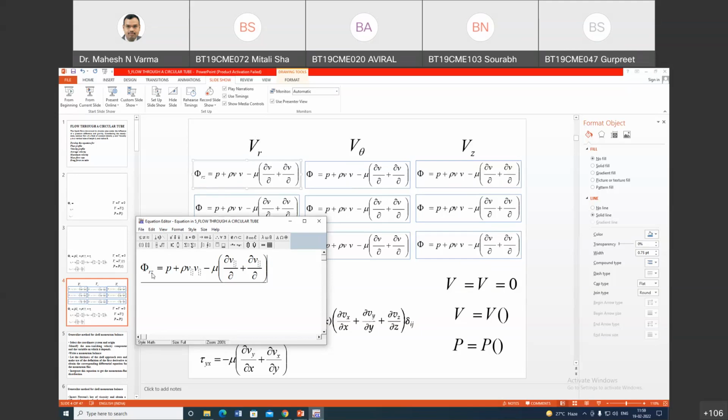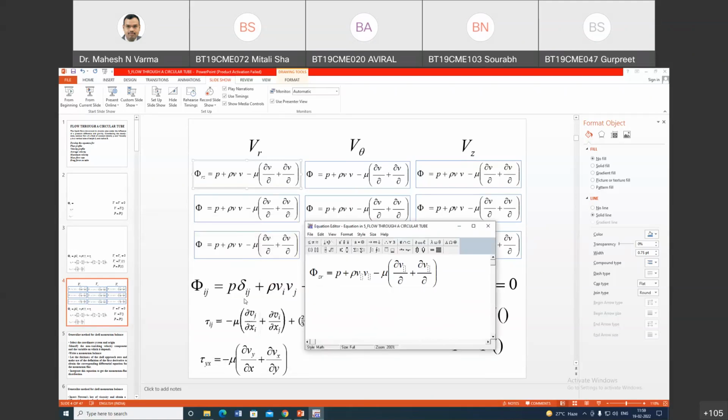So what will be this suffix here? Sir, VZR. This indicates how R momentum is flowing in the Z direction. Will P be 0 or non-zero? Sir, it will be non-zero because we have pressure in the Z direction.